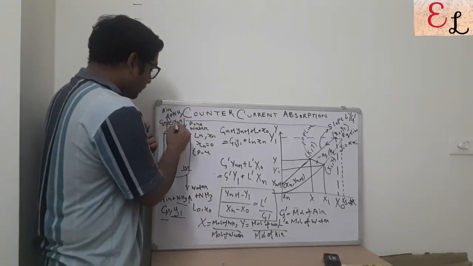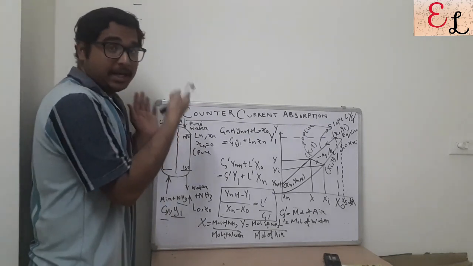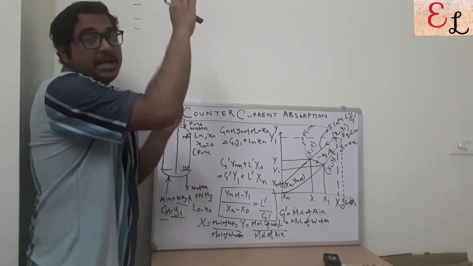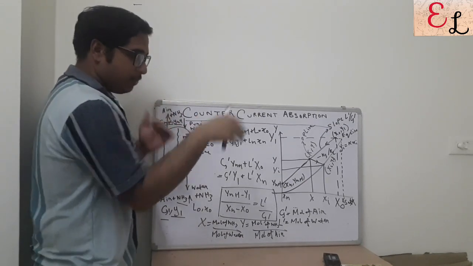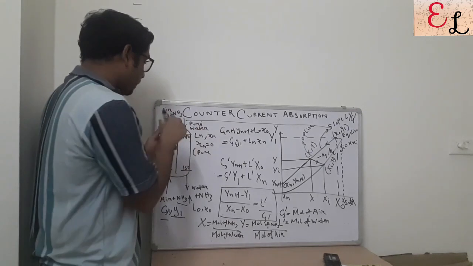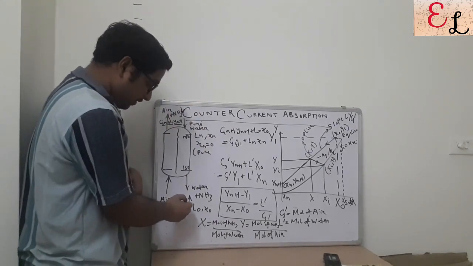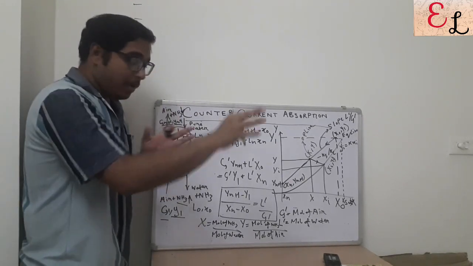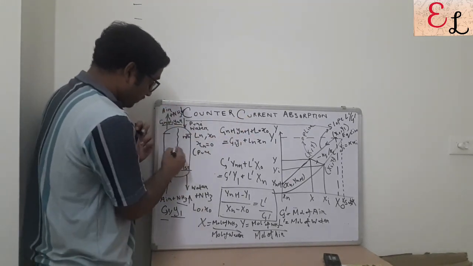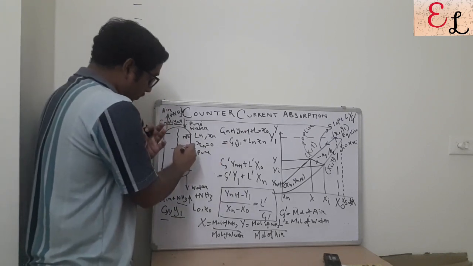So it is Gn+1 and Yn+1. The mole fraction of NH3 coming from the nth tray is Yn+1 and the total gaseous flow rate is Gn+1. Now this NH3 is much lower comparatively, because some amount of NH3 has transferred from the gaseous stream to the liquid stream.